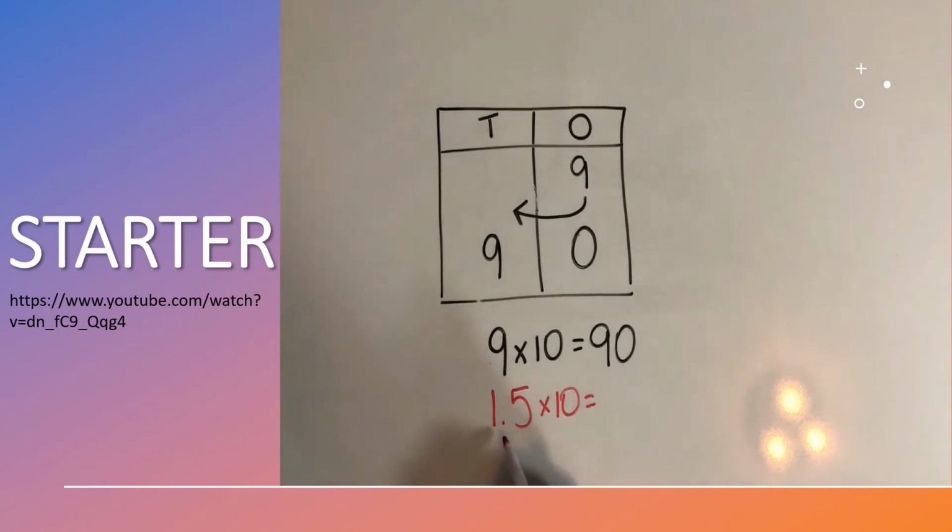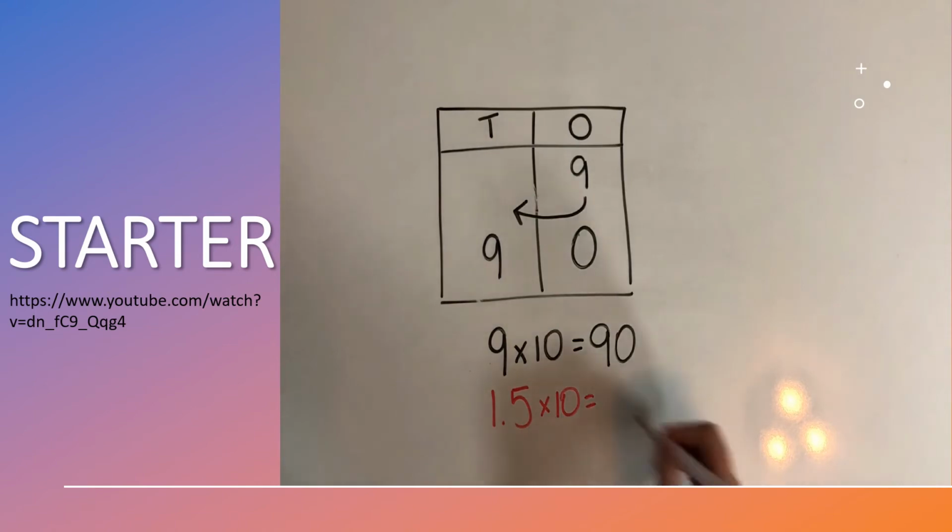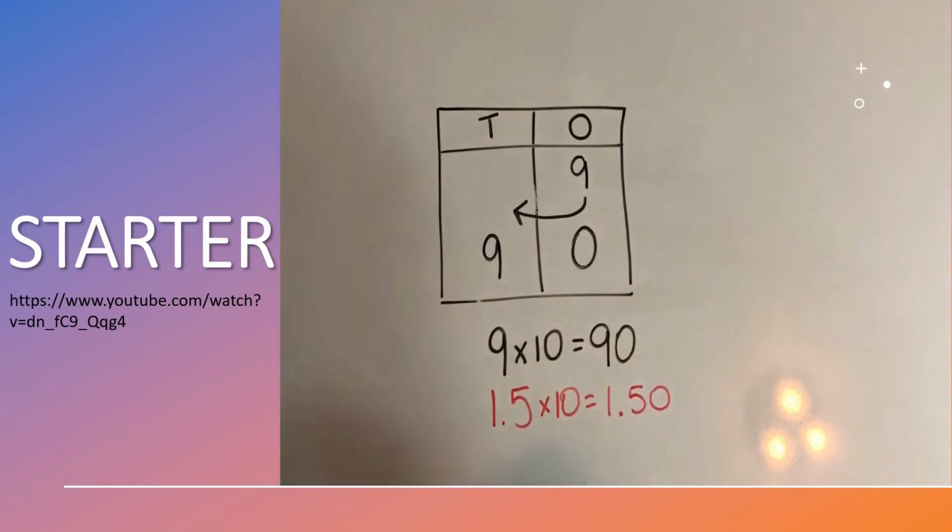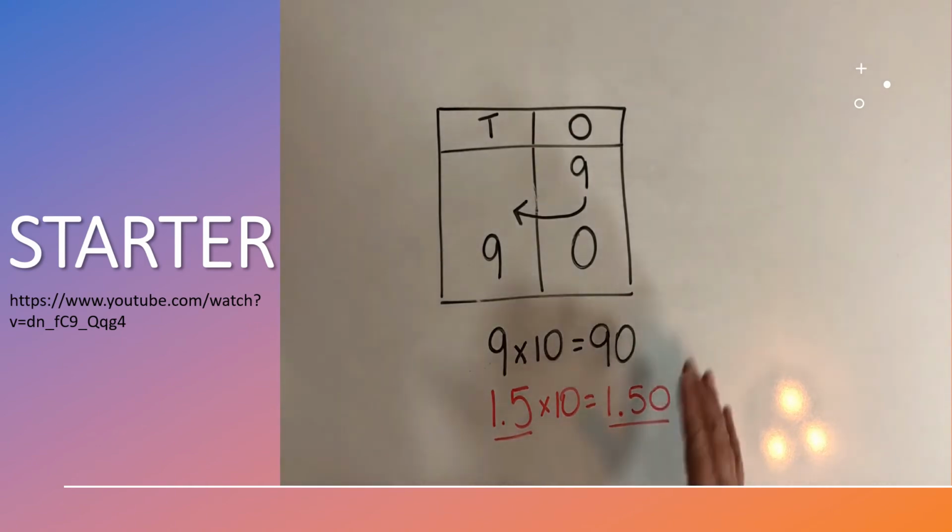So if we take 1.5 times 10, can we just add a 0 and make it 1.50? No, we can't, because 1.50 and 1.5 are the exact same. They have the same value. They both have 1 one and 5 tenths. So when we start multiplying decimals by 10, we find out that we have to shift everything one place to the left.